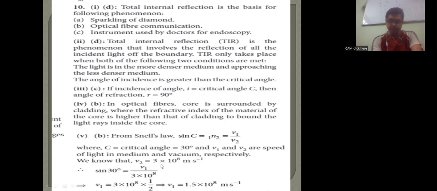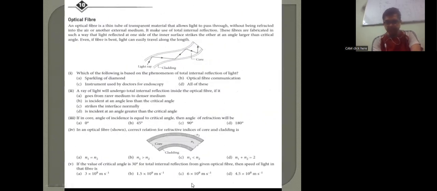Now students, refractive index आपका sin theta अप्लाई करें यहाँ पे, जो वैल्यू गिवन है that is v1 by v2, v2 is given to us, sin theta is given to us, तो आप इसको वैल्यू पुट कर दीजिए, you will get 1.5 into 10 to the power 8. तो मैक्सिमम वेलोसिटी हो सकती है when the critical angle is 30 degree for total internal reflection.